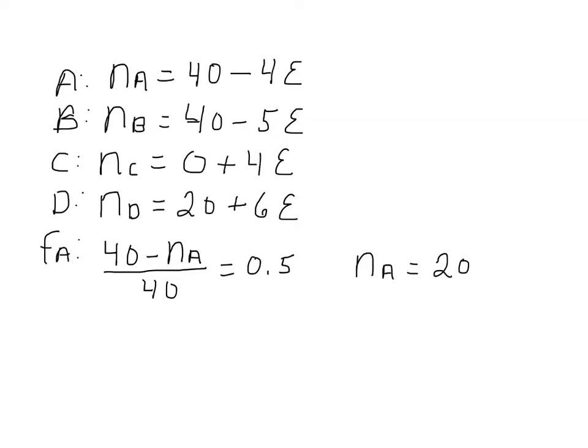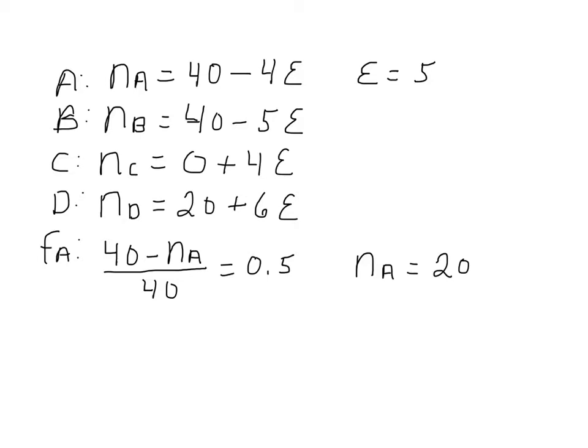Now that we know Na, we can come up to the first equation and see that if Na is 20, then epsilon is equal to 5.